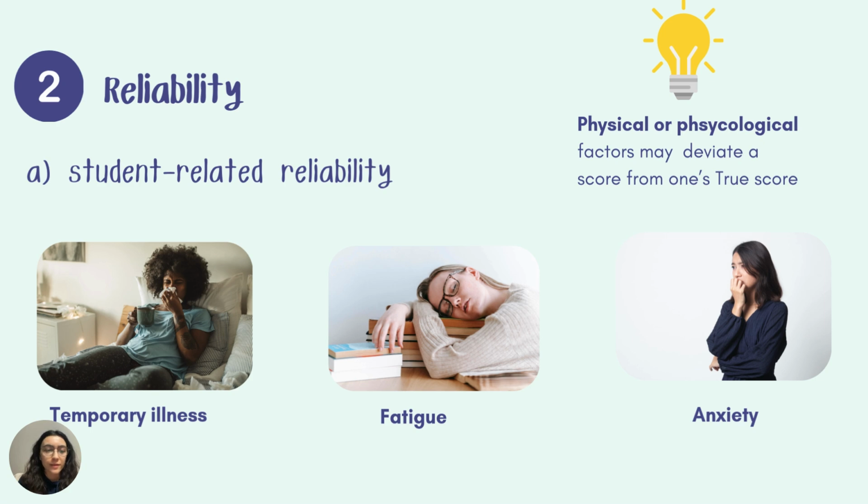So if he's feeling sleepy, or he's having some temporary illness like me, or he's too anxious for the exam, that's an issue for reliability. So physical or psychological things that are affecting your students temporarily can affect your exam scores.